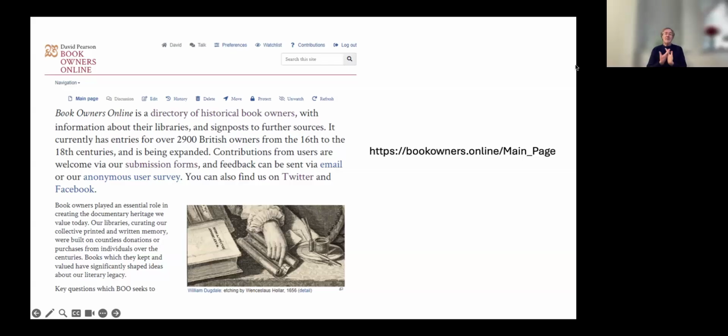I want it to be a database that feels like it belongs to and is developed by whatever the book historical community is. And for that reason, I'm not over proprietorial or over fussed about exactly how every entry is constructed. I don't mind if different entries have different levels of detail, as long as they follow the basic structure, because I just want it to be whatever is useful to people.